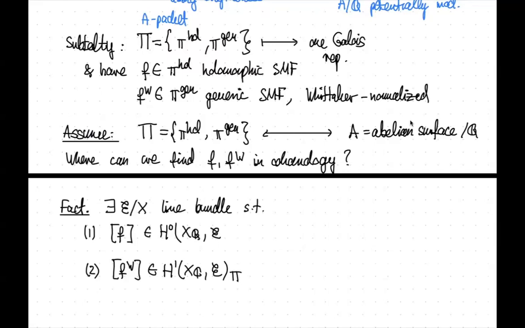So I'm writing pi again for the isotypic component associated to the Hecke action that determines this packet here.